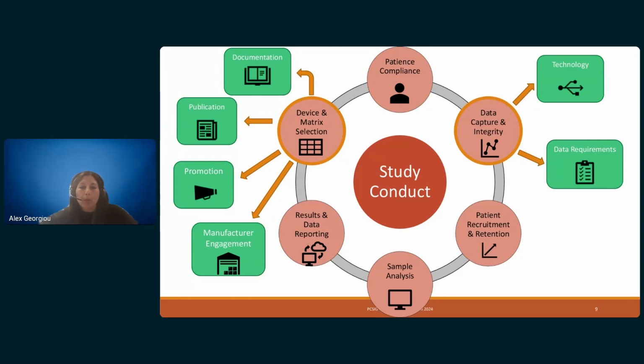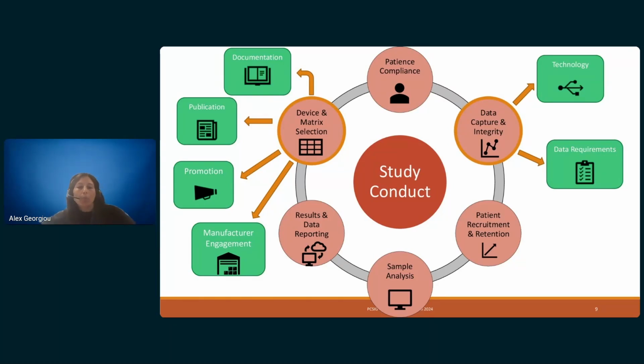For data capture, verification of accurate and GCP compliant data is needed to limit metadata queries and ensure data integrity, which is very important, as you all agree, at every step of the process. And then 4 additional challenges, which are our secondary challenges, were identified to be 1, patient compliance, 2, patient recruitment and retention, 3, sample analysis, and lastly, results and data reporting.